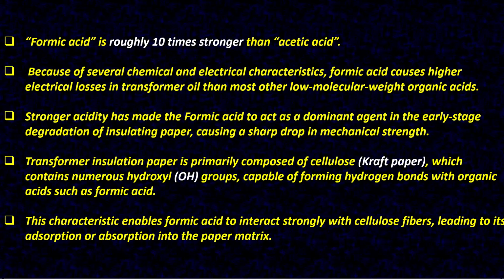Stronger acidity has made formic acid act as a dominant agent in the early stage degradation of insulating paper, causing a sharp drop in mechanical strength.